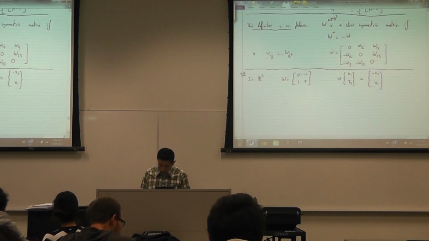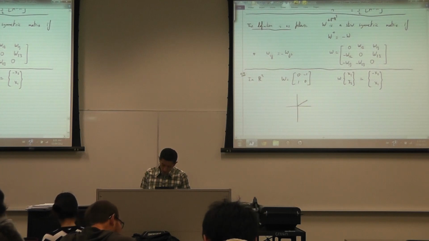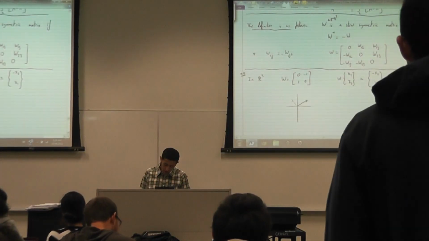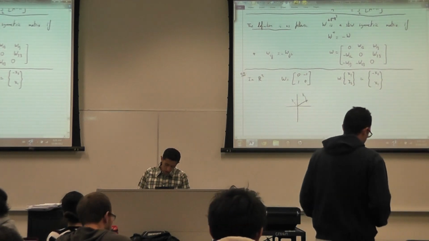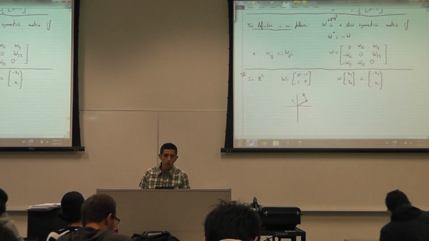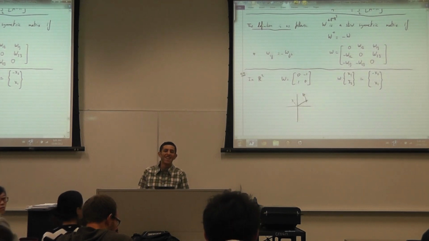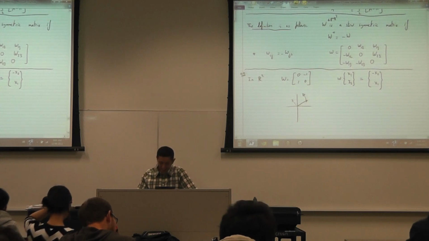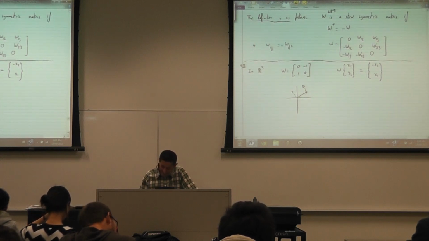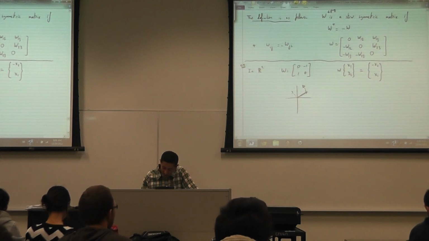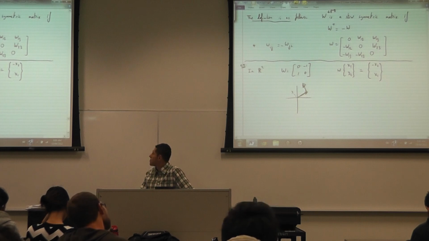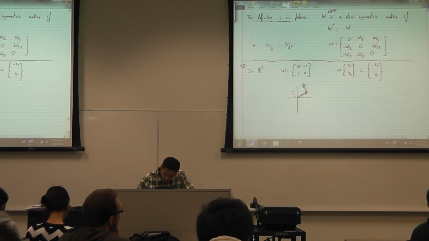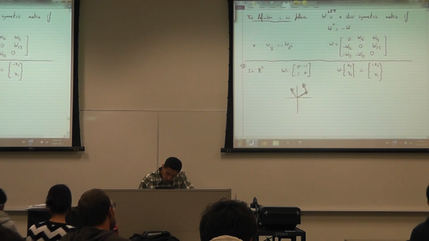So W takes any vector here and gives me a perpendicular vector. It takes any vector and gives me a vector that's perpendicular.